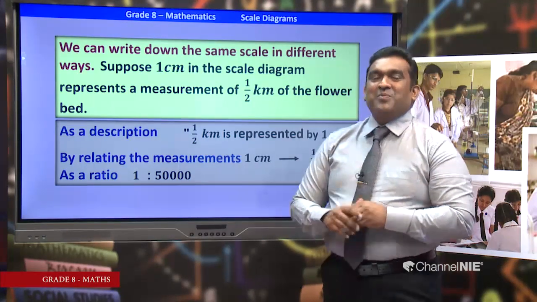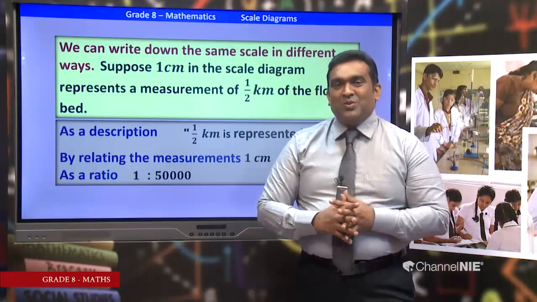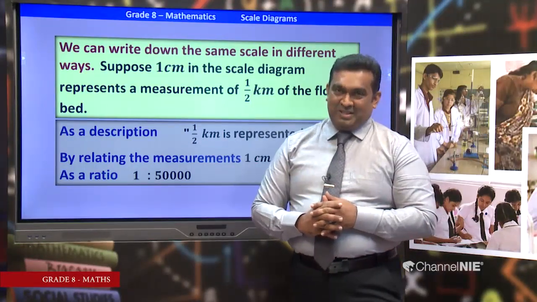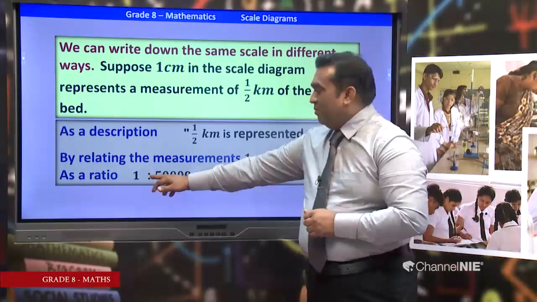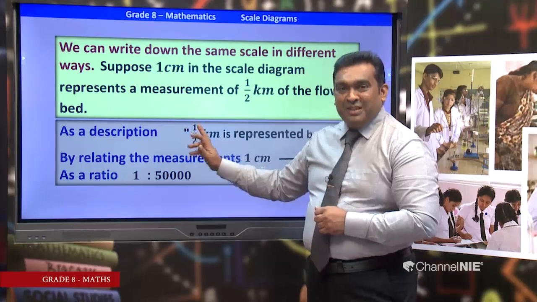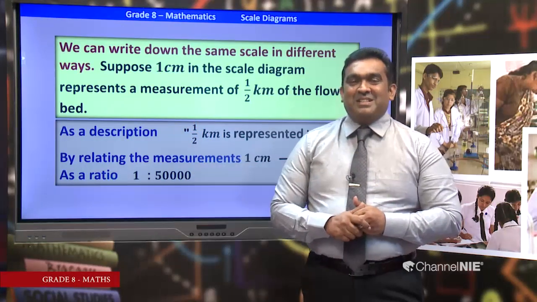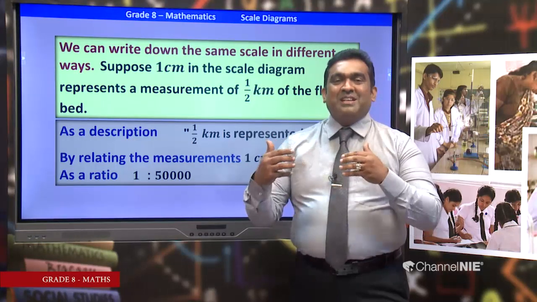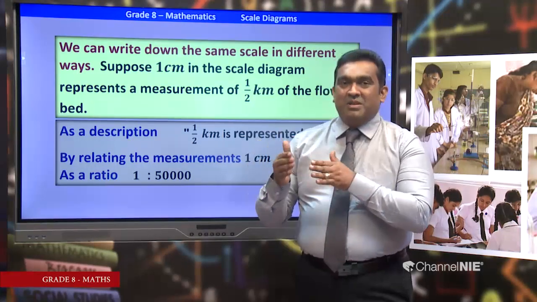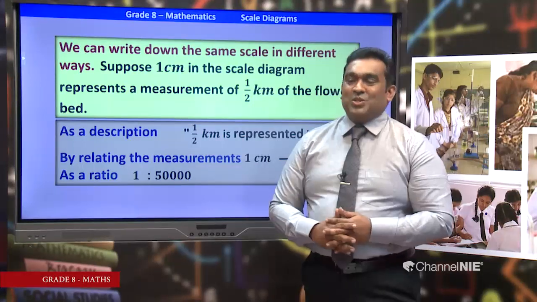As a ratio, 1 is to 50,000, the same unit on both sides. 1 centimeter represents 50,000 centimeters. Without considering the unit, 1 : 50,000, that is the ratio.